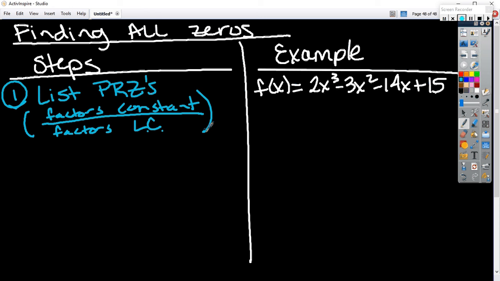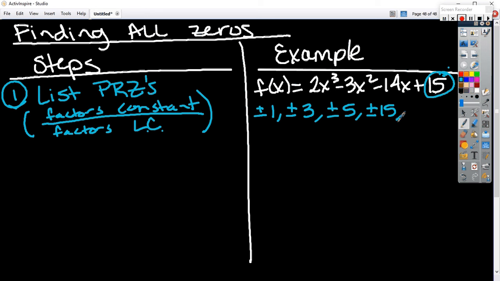Okay. All right. So my PRZs are going to be plus or minus. So remember, this is 1 and 2. So I'm going to divide all these factors by 1. Then I'm going to divide all those factors by 2. So I got 1, 3, 5, 15.